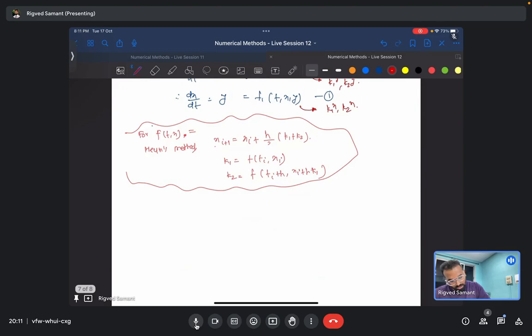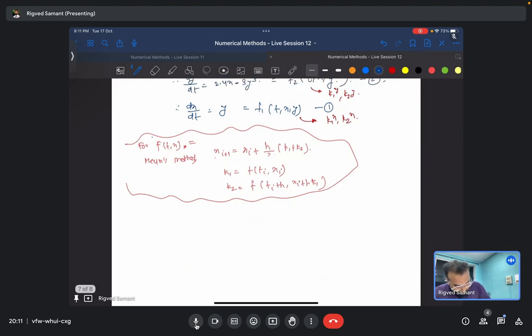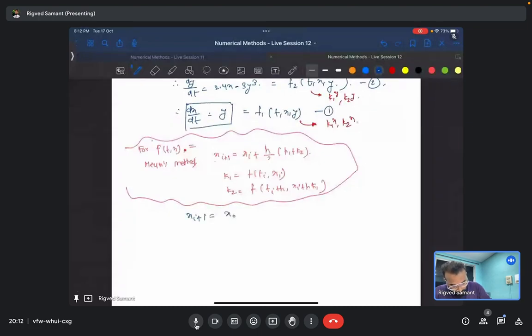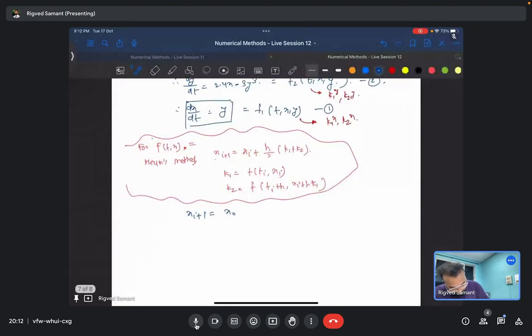So for the first equation, what would be right? What is the first equation in terms of this equation? dx by dt. We are trying to find a value for x i plus 1. So x i plus 1 is equal to x i, using Heun's method, plus h by 2 k1 k2, but these are for a function of x, right?